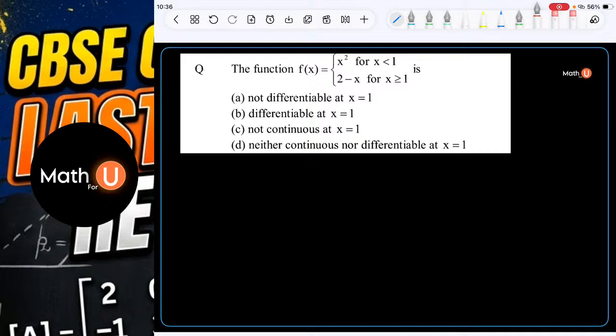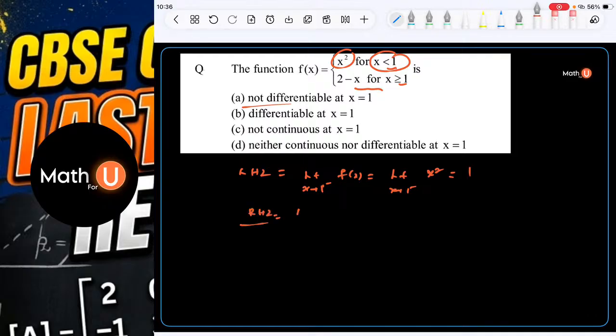The function is not differentiable, but it is continuous. First, check the continuity. For the left hand limit, check at the turning point, which is 1. At 1, check 1 minus f of x, that is equal to limit x tends to 1 minus, that means less than symbol. This is the function x square, wherever x is there, replace with 1, we get 1 square, 1.